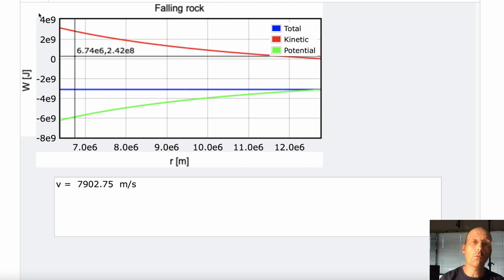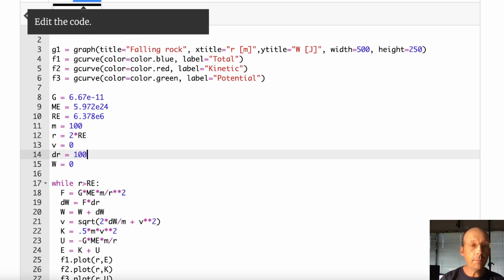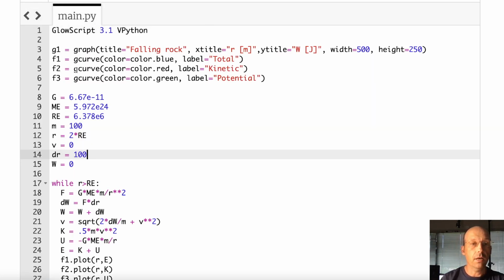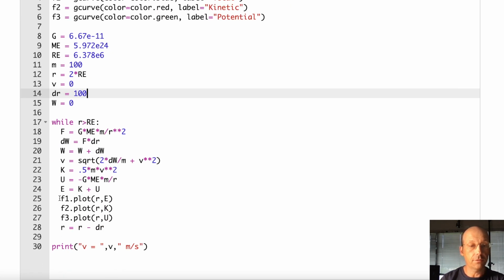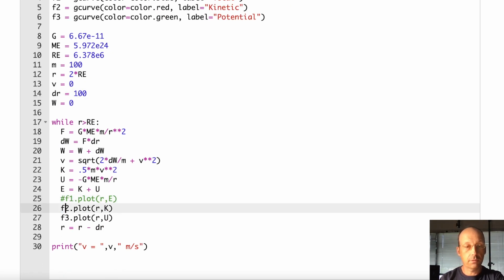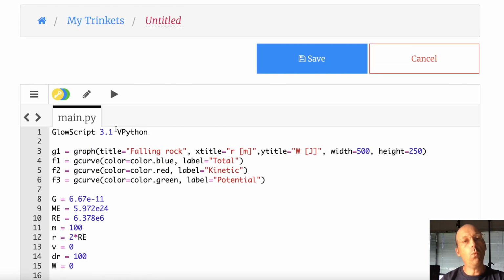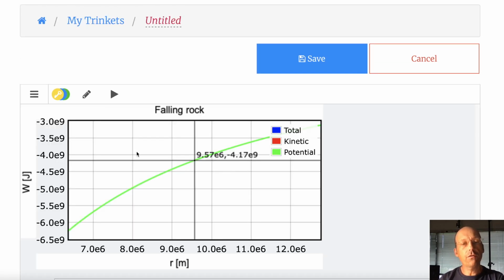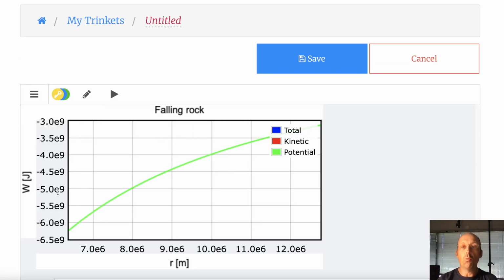Okay, now I want to show you one more thing. Let me just plot the potential. So I'm not going to plot these two. And so what about the other version of potential, mgy? How do we make a connection between mgy and this? Well, mgy says that increases in a value of y would increase the potential by a proportional amount, mg.